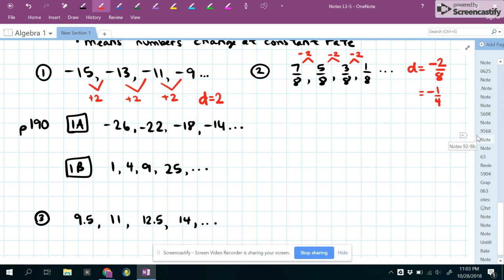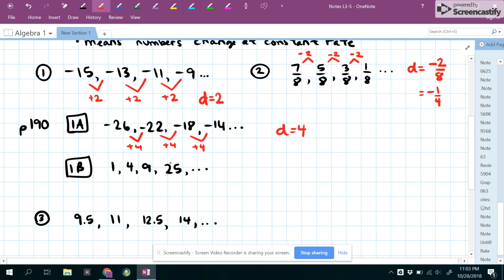For 1b, do the same. So for 1a, to get from negative 26 to negative 22, we add 4. And then we do that again, and we do it one more time. So yes, this is arithmetic. The common difference is 4.